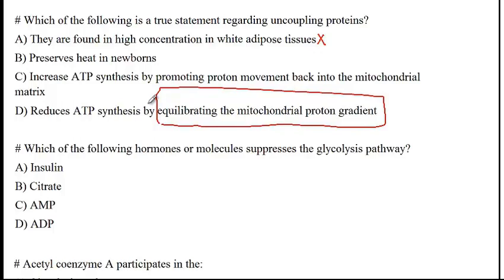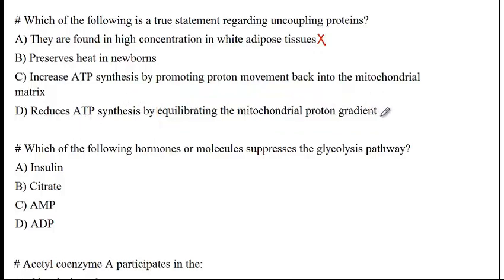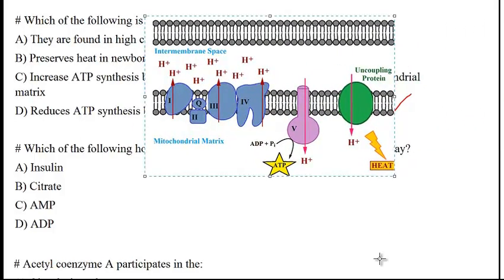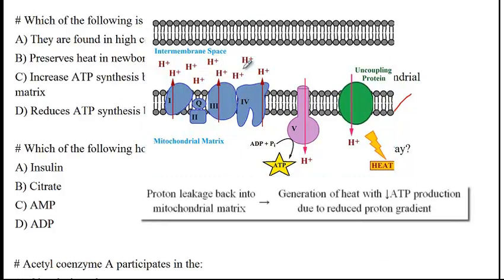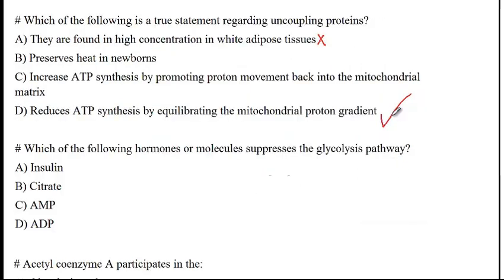And so the ATP synthesis would be reduced, and so choice D would be the correct answer. And here I have a drawing for you which shows how all the H+ in the intermembrane space can be leaked back through the uncoupling protein into the mitochondrial matrix, as a consequence of which there would be generation of heat. Alright, next question.